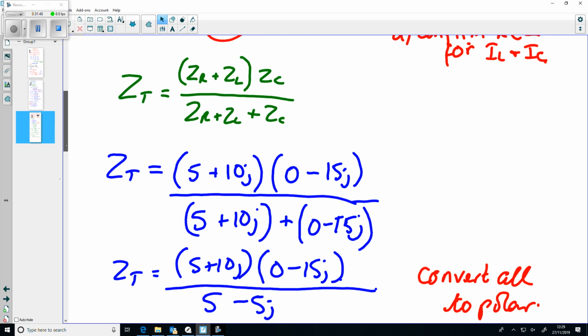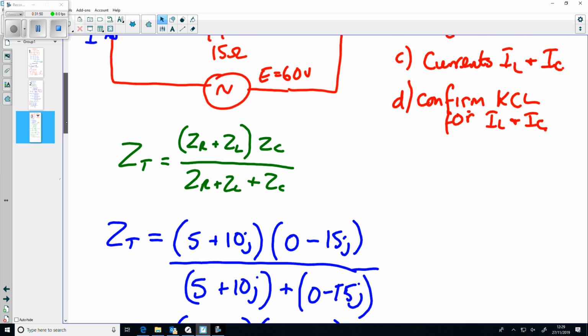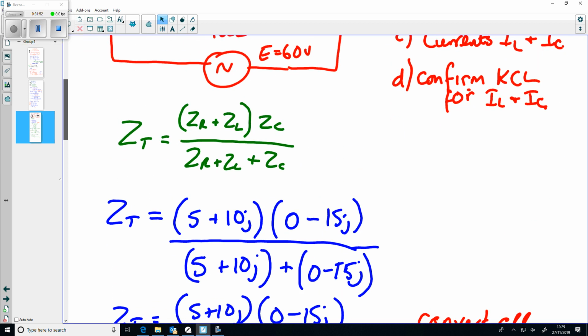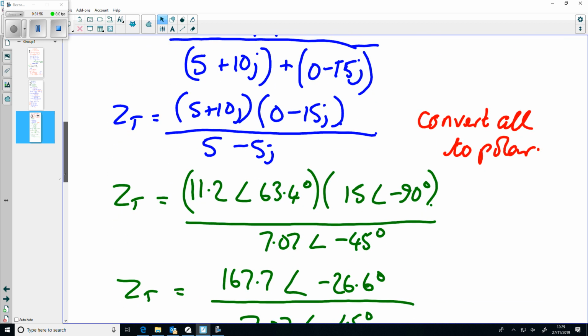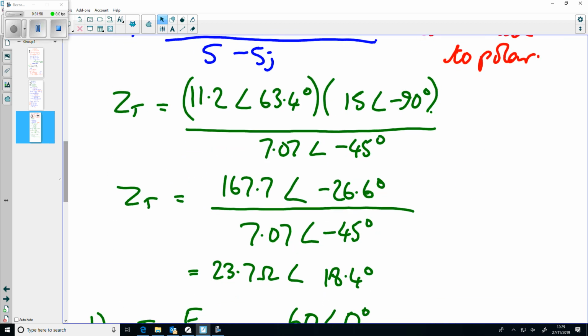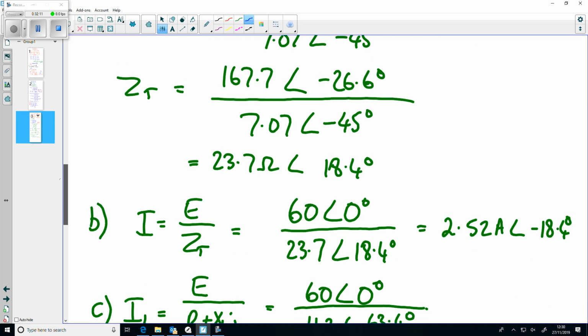Total impedance. We've got a parallel circuit, so we're going to use product over sum. We've already been through that bit. And eventually we multiply the top line out to 167.7 angle minus 26.6, and then divide in the denominator and end up with a total impedance of 23.7 ohms, angle 18.4 degrees.